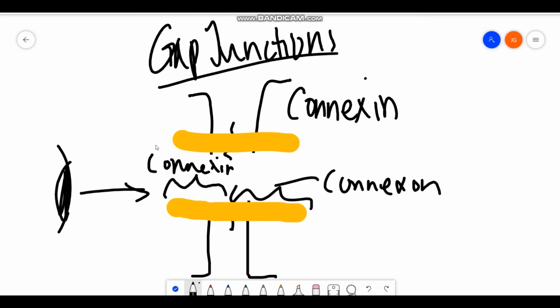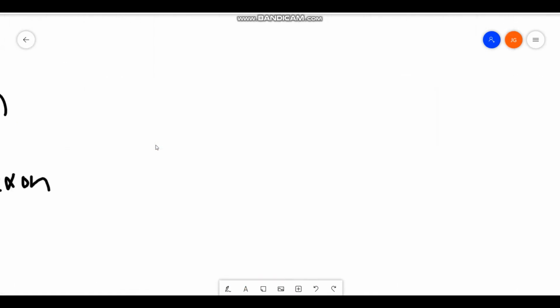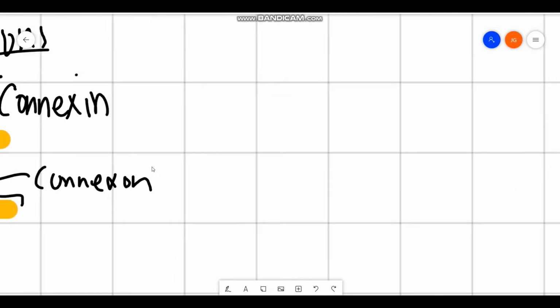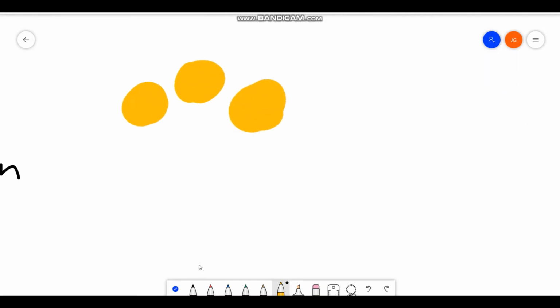So we're looking down into the tunnel of connexins, yes. Because they're actually a little more complicated than that. Connexins, if we look at it as if we're looking down the tunnel, are actually going to be 6 structural units. 1, 2, 3, 4, 5, 6.